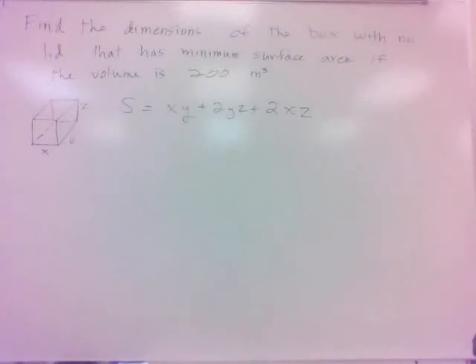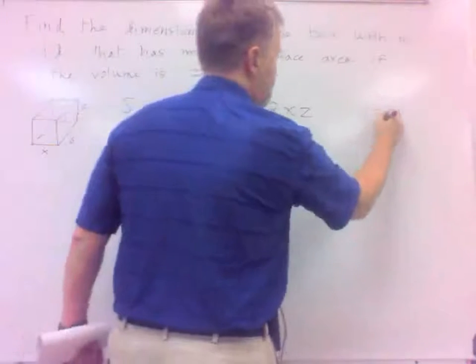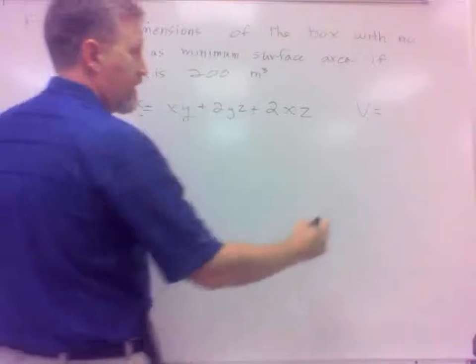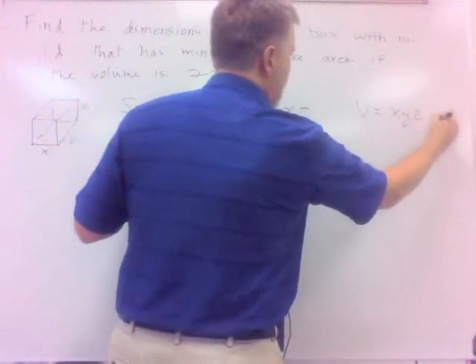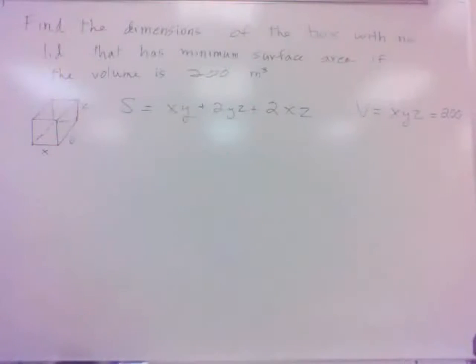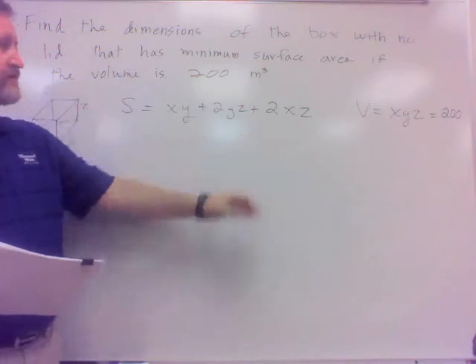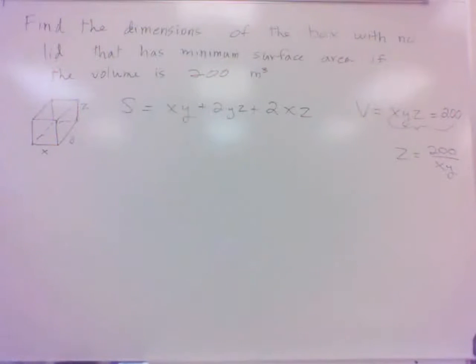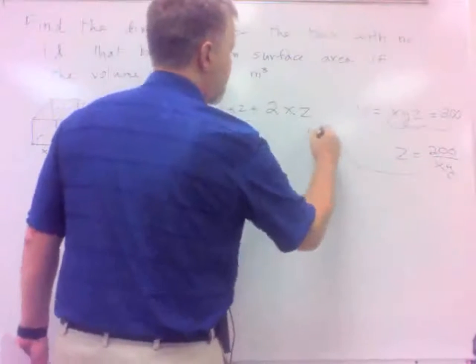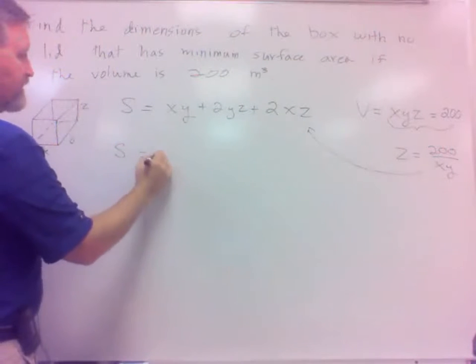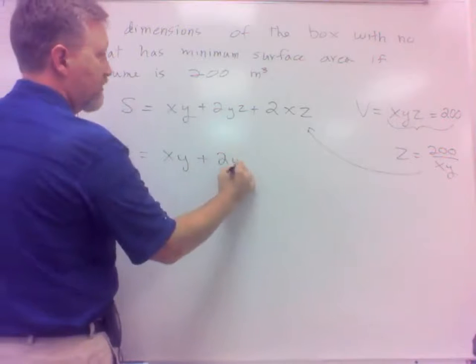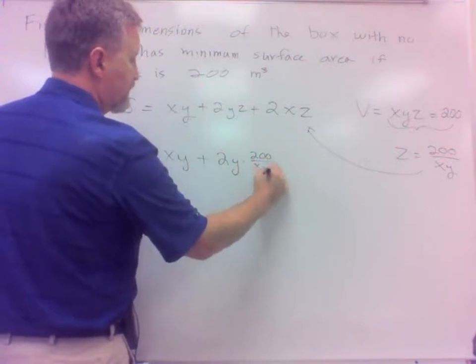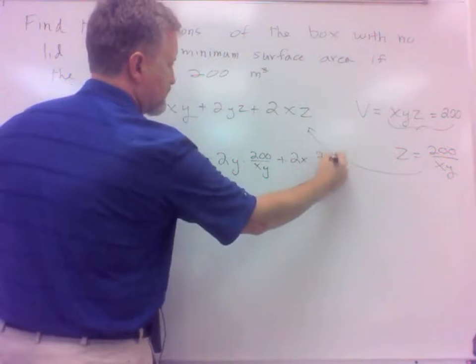Now, we also have the volume, which would just be the volume of the box, xyz, equal to 200. This equation is in 3 variables, so what that allows us to do is solve it for z. z equals 200 over xy, and we can substitute that in for z here, and we have S equals xy plus 2y times 200 over xy plus 2x times 200 over xy.